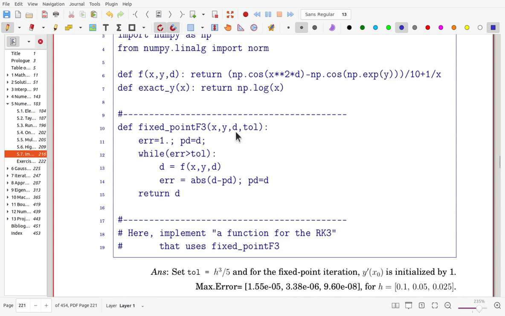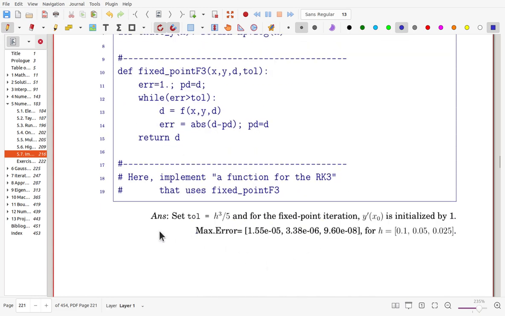For the third one, we try to get the fixed point, so I call it fixed point F3. Here you may add some functions, including the k3 and calling, so that you can finish the program with the tolerance h cubed over 5 and y prime at x0, so that the beginning k1 is initialized by 1.